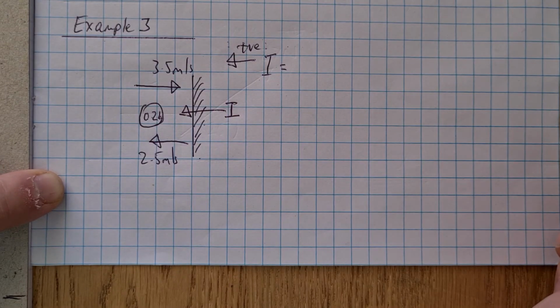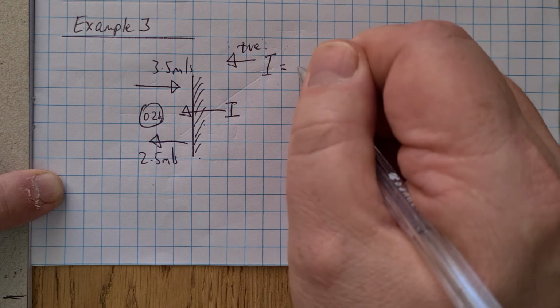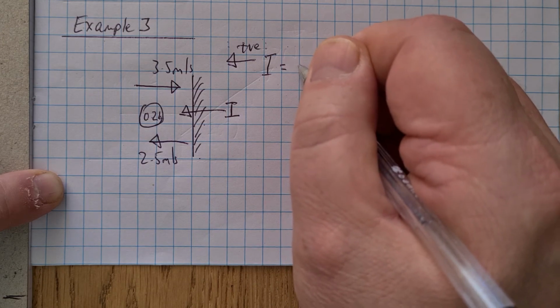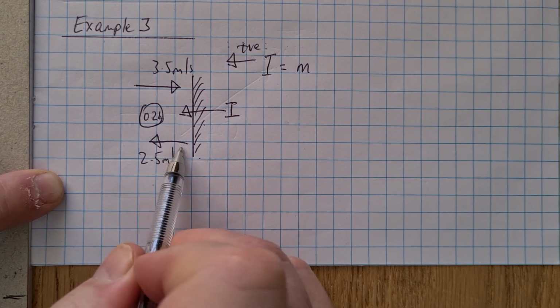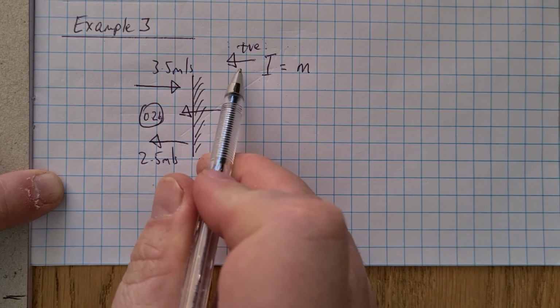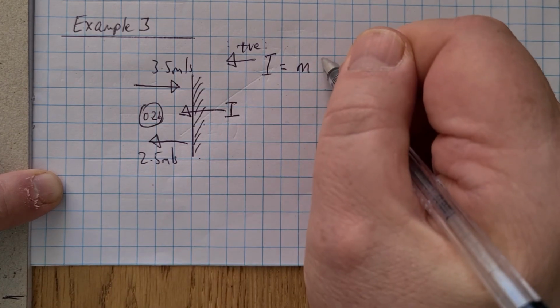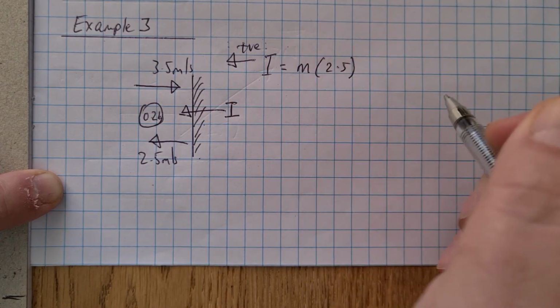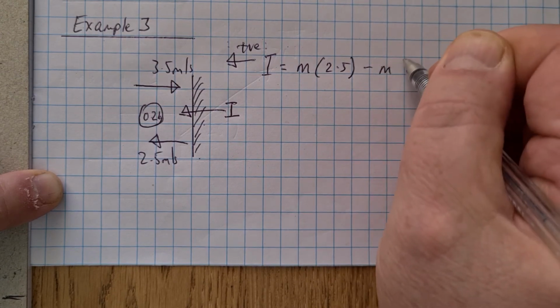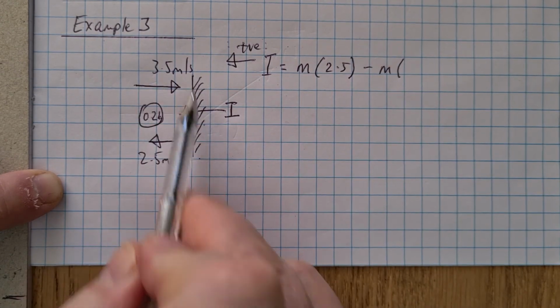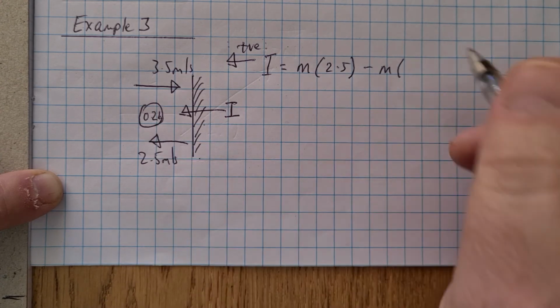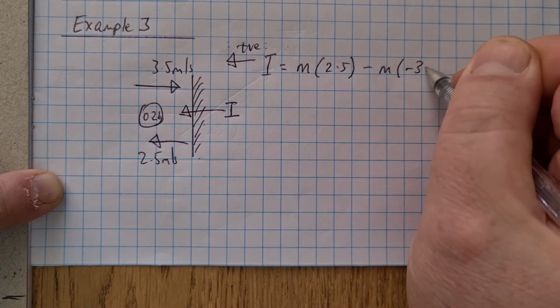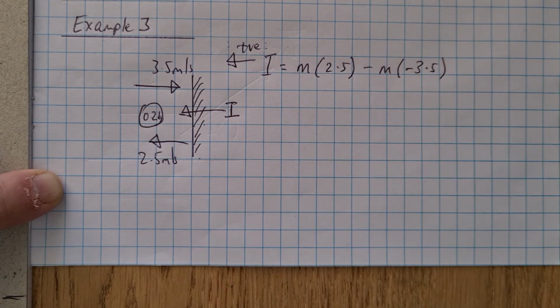for my momentum equation. So what we have is mv, the final velocity. The final velocity is in the direction I've chosen to take as positive, so that is m multiplied by 2.5, minus m. The initial velocity is in the opposite direction, so that is minus 3.5.